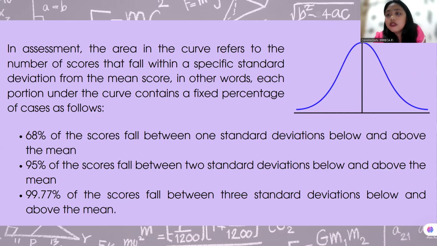We should know that a standard deviation is a way to measure how spread out the scores from the mean are, no? So we have 68%, which means that scores fall within one standard deviation above or below the mean. The same goes for 95% and 99.7%.